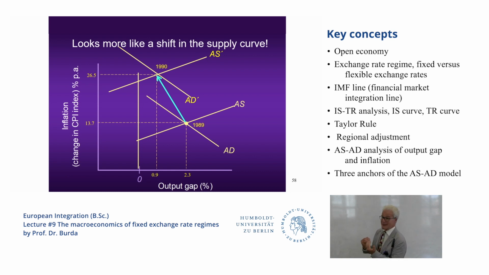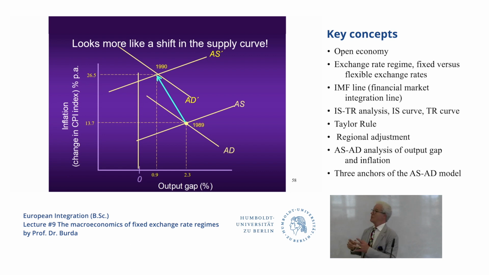And if people's expectations accept that, then the curve will not permanently shift to that higher level, because the shift of the supply curve is about people's expectations. The anchor of the AS curve is the expectation of inflation, the average rate of inflation that people expect, workers, firms, and that depends on what they think the central bank is doing.